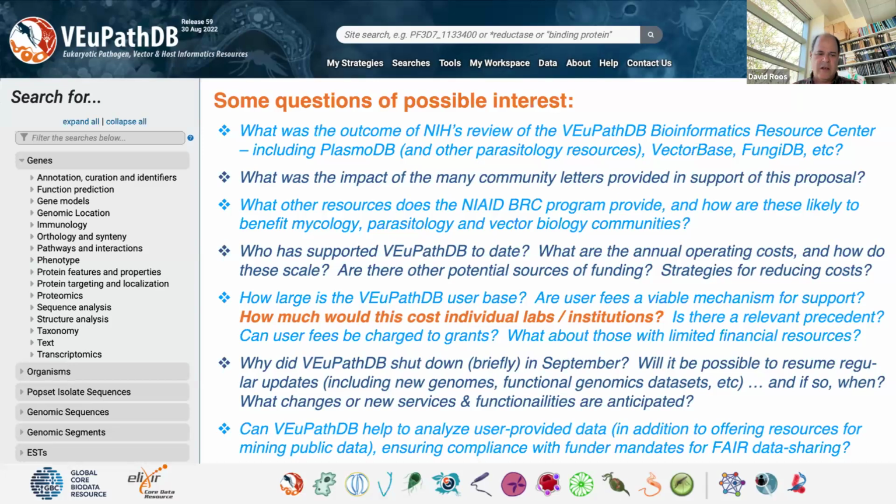The RFA sought applications for the same 2 bioinformatics resource centers, one devoted to eukaryotes, including fungi, protozoa, and the organisms they infect, including both vectors and, of course, humans and other organisms, and the other devoted to bacteria and viruses, although there was the option of applying for one single program.